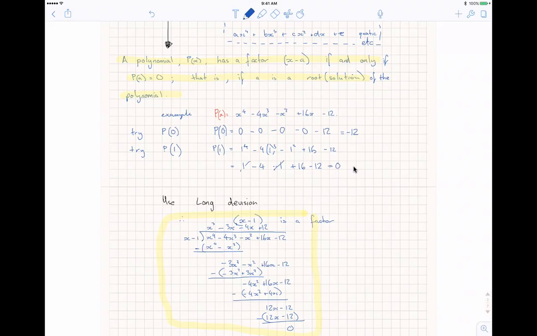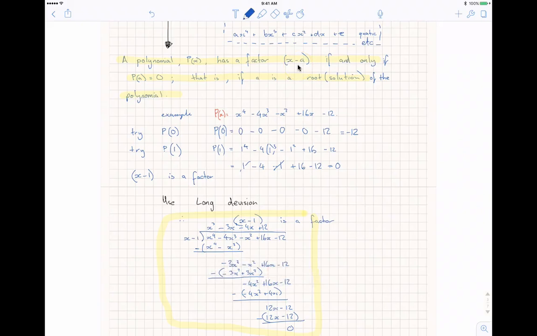So therefore, x minus 1 is a factor. The minus comes from the fact that if x is 1, then x minus 1 is a factor. So don't forget to change the sign there.